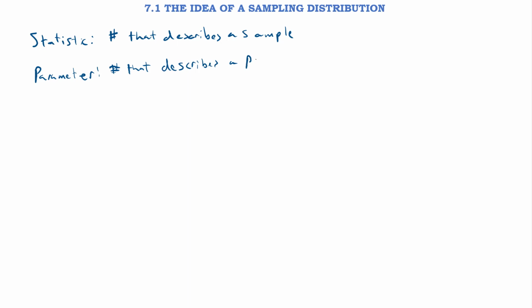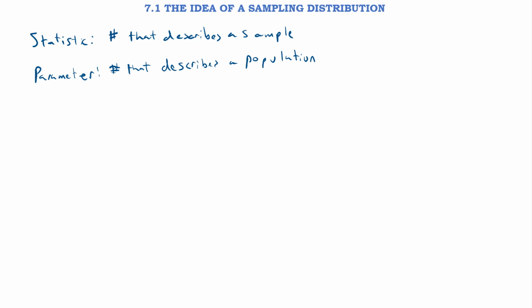So again, remember that statistic is the number that describes a sample, whereas the parameter describes a population. It's the number that describes a population.